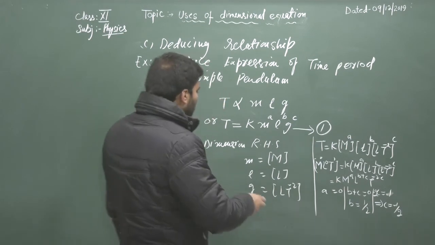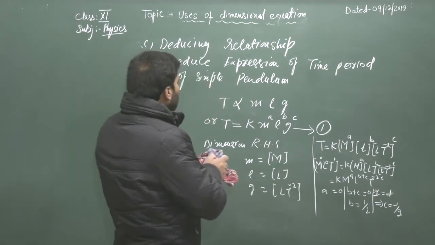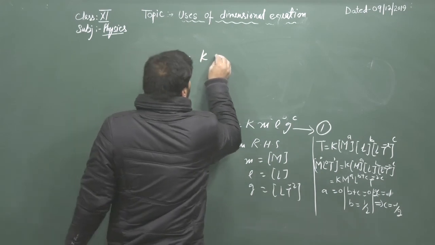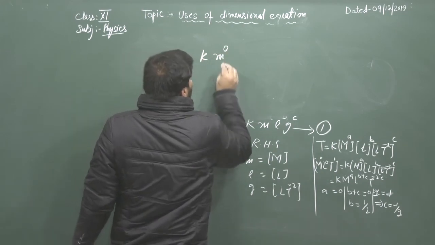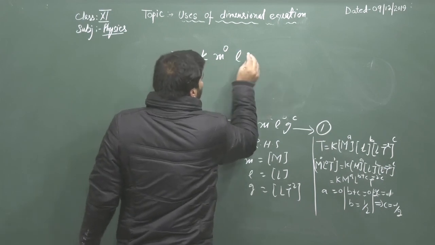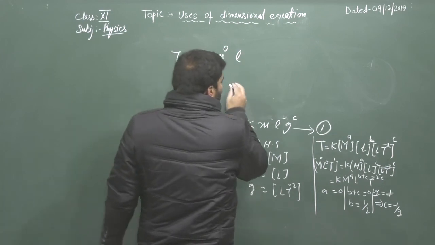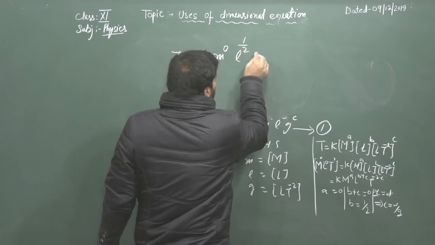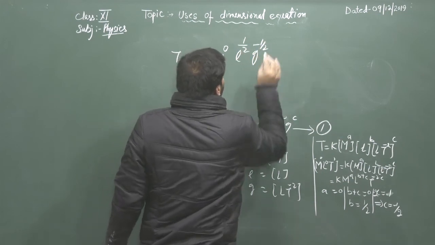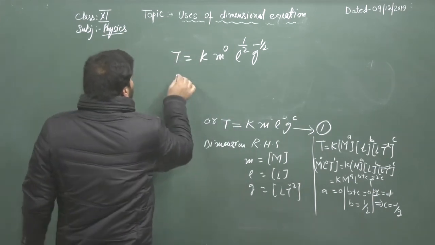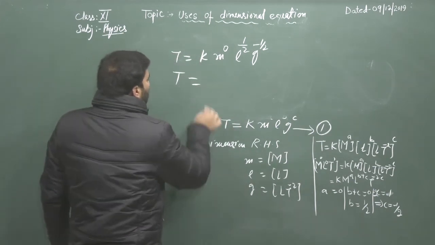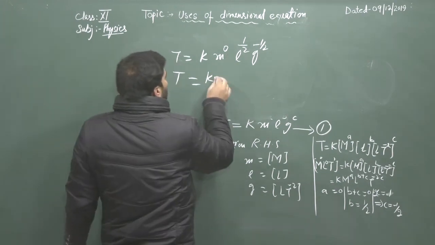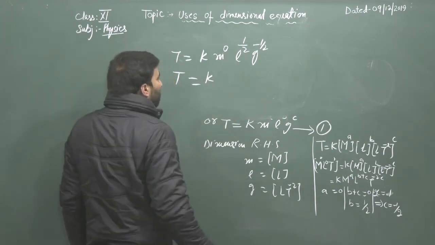Therefore, equation first becomes T is equal to K m^0 L^(1/2) g^(-1/2). Anything raised to power 0 is equal to 1, so instead of m^0 we can write 1 here.